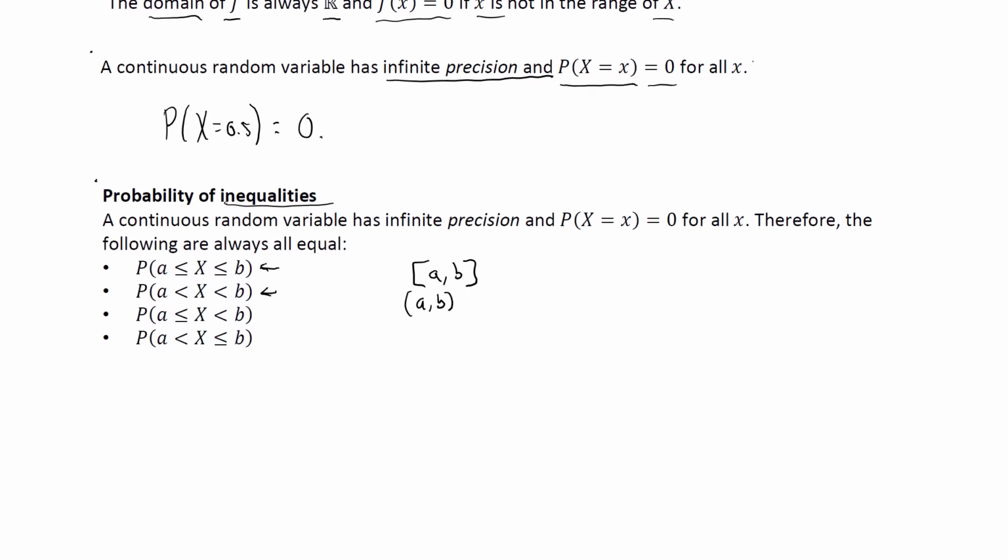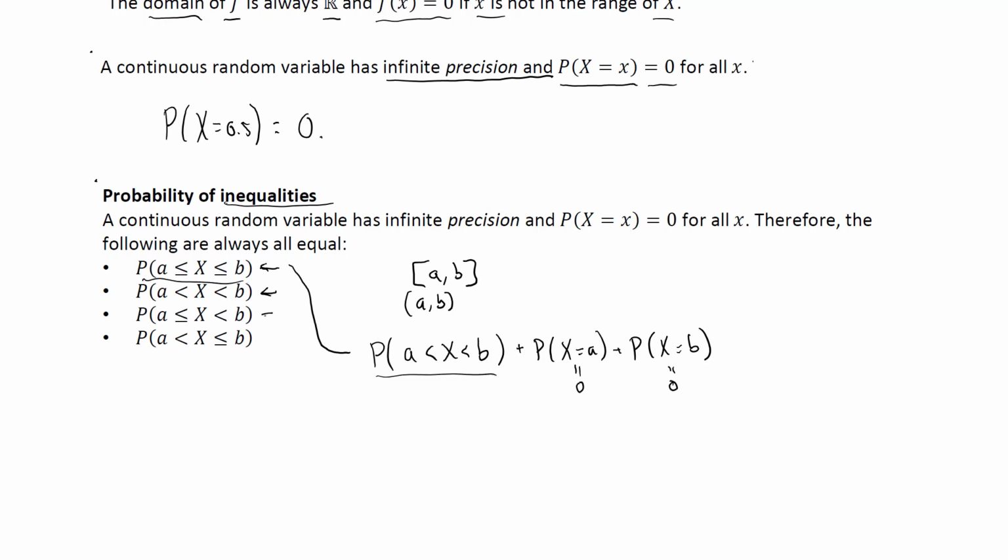Well, these probabilities must be the same if X is a continuous random variable. We can always write this probability as the probability that X is strictly in between a and b, plus the probability that X is a, plus the probability that X is b. Since this is 0 and this is 0, these probabilities must be the same.